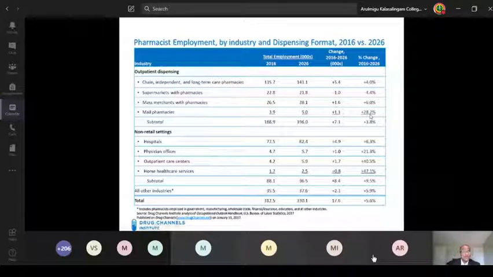However, when you move to non-retail settings, such as hospitals, physician offices, outpatient care centers, and home health services, you have a lot of demand in the upcoming few decades. Baby boomers are going to be retired by 2030 in America. Baby boomers are people born in the 1960s or 1970s, who reach retirement age by 2030.